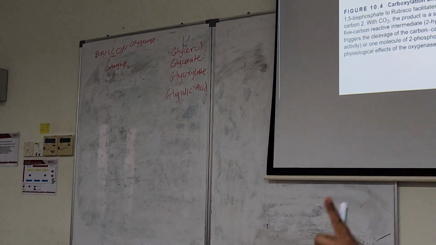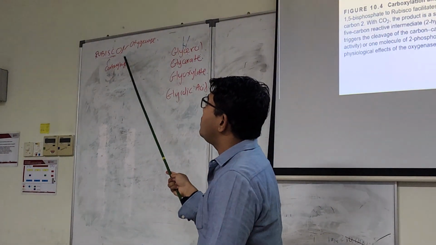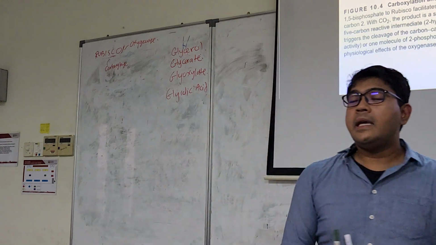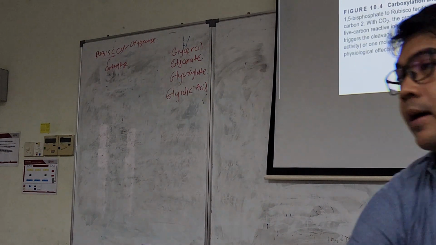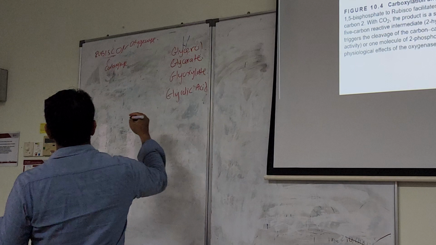However, if this Rubisco decides to do the oxygenase reaction, it gets the oxygen and fuses with RuBP, then you go down here. It will produce 2 molecules as well, but only one is phosphoglycerate. The other one is phosphoglycolate. This 2-phosphoglycolate has a synonym.